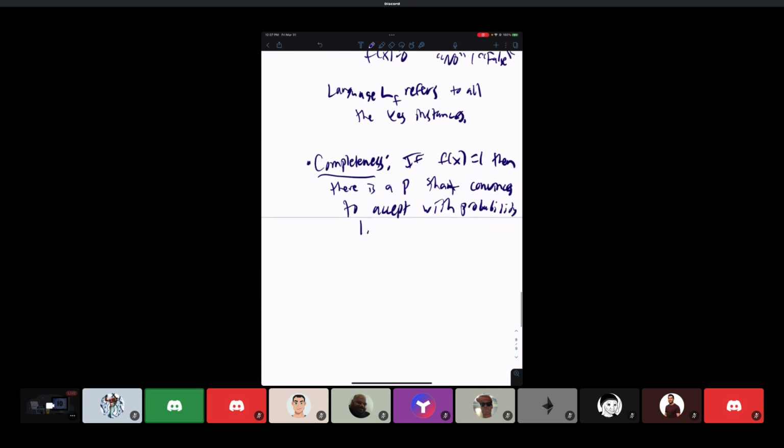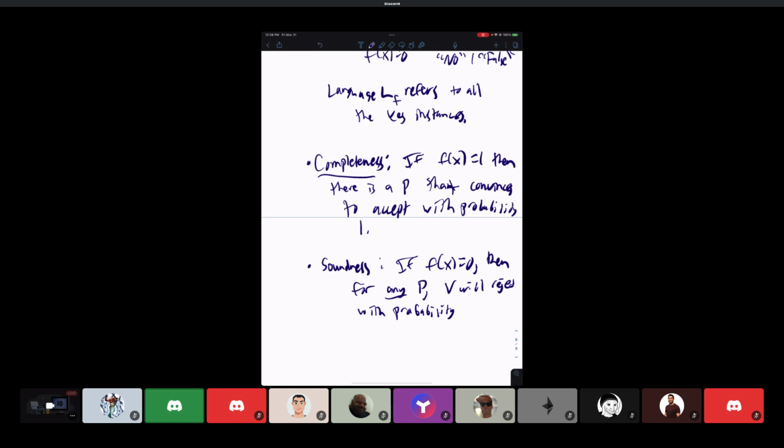But completeness just doesn't refer to no instances at all, which is in contrast to how I define interactive proofs for functions. And then soundness only refers to no instances. So if f of x equals 0, then for any proving strategy P, V will reject with probability at least 1 minus delta S.